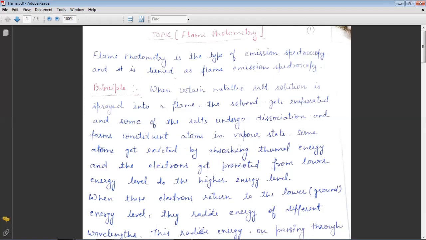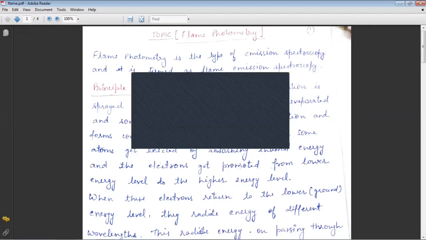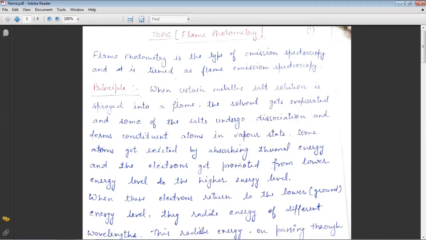As we discussed in spectroscopy, there is electromagnetic radiation, by which an electron gets excited and reaches a higher energy level from the lower ground energy level. Here the electron is excited in the presence of the flame.